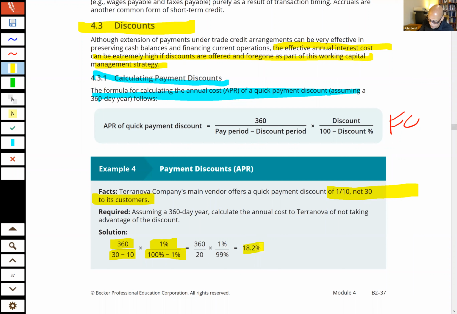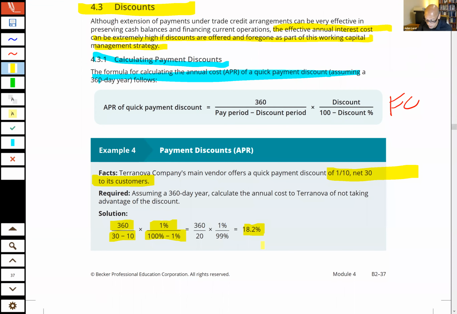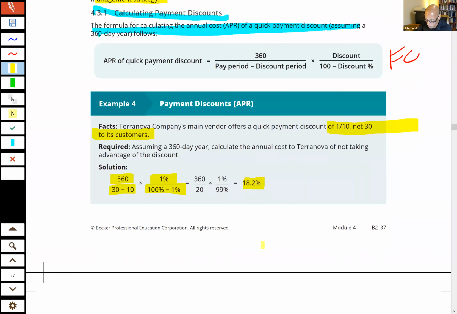And when you multiply that out, we get this 18.2%. So that's a pretty hefty cost of not taking discounts. I would think most companies would want to take advantage of discounts. And of course, the higher that percentage goes, the more that cost.